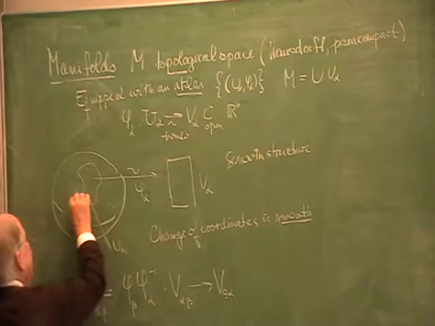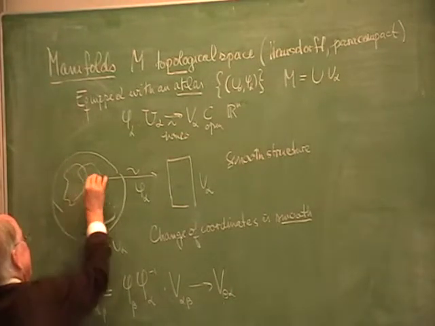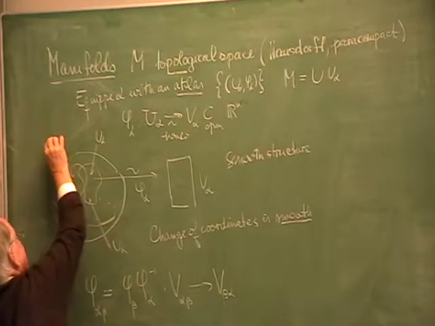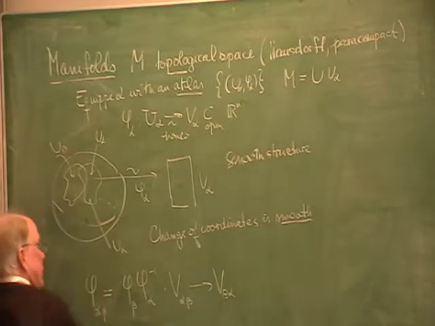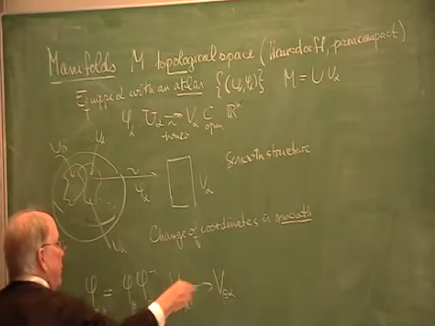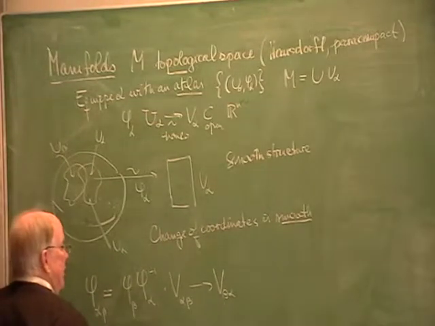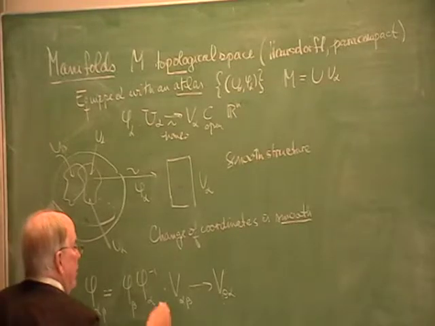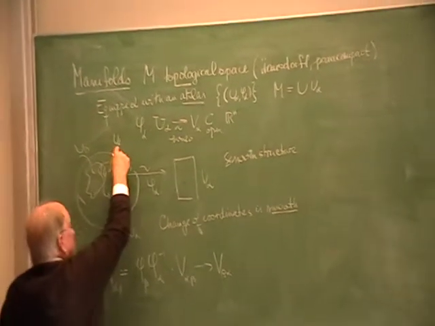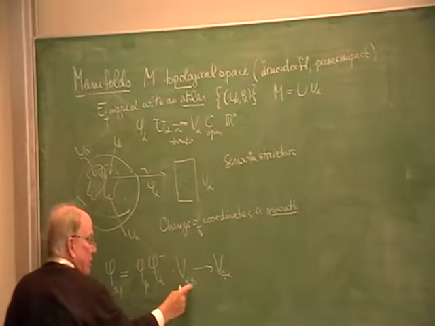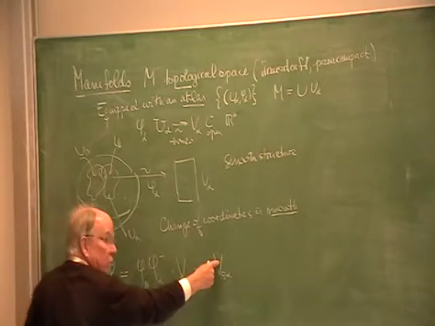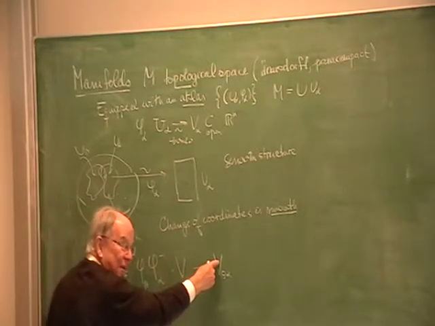So what you have to figure out is, here you have U alpha, and here you have U beta, and U alpha and U beta go to something in the plane, different things. If you start with the intersection and regard it through the alpha coordinate, that's what I mean by V alpha beta, and if you regard this intersection through the beta coordinate, that's V beta alpha.